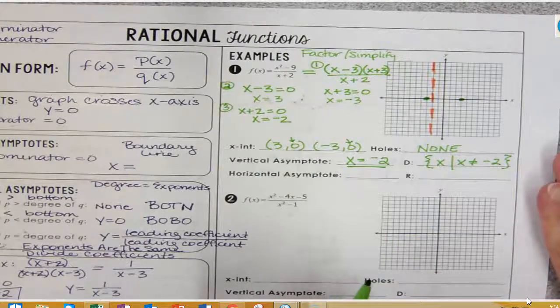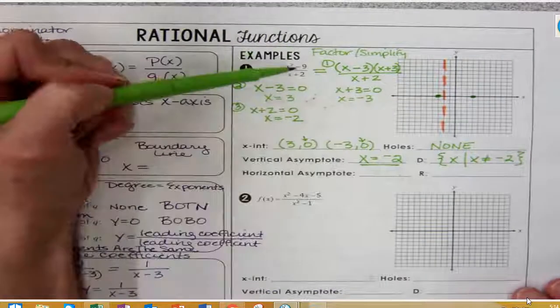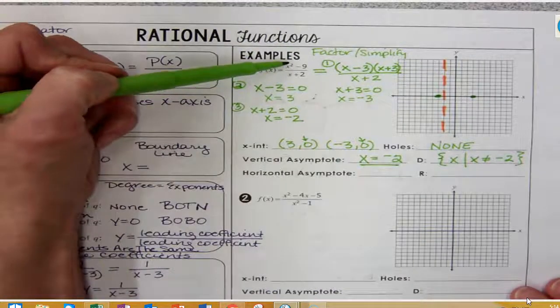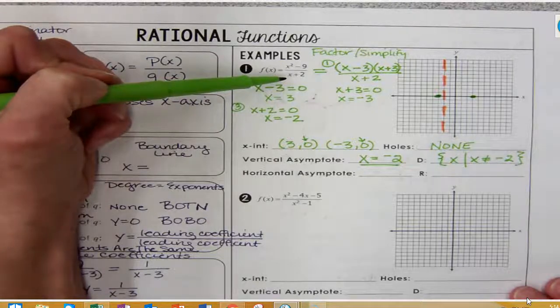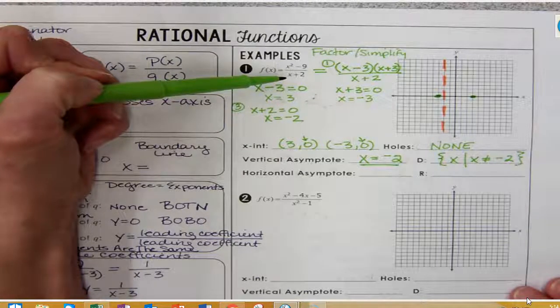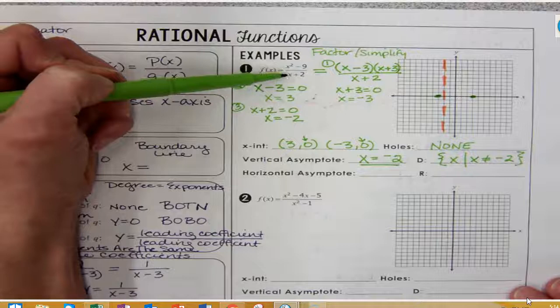Now my horizontal asymptote, this is where we've got our Bobo Botten eats DC. Is it going to be Bobo? Is it going to be Botten? Or is it going to eat DC? So let's see. I'm going to look at here, and I see that x is squared. And here, x is to the first power. So I'm bigger on the top. This x squared is bigger than the x.